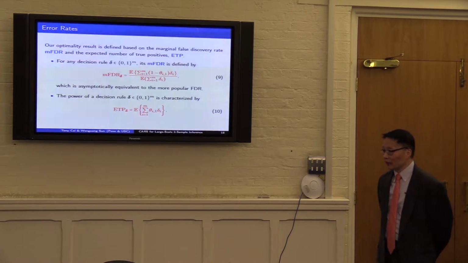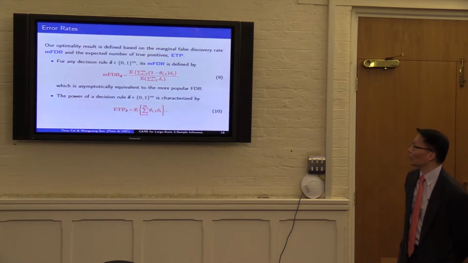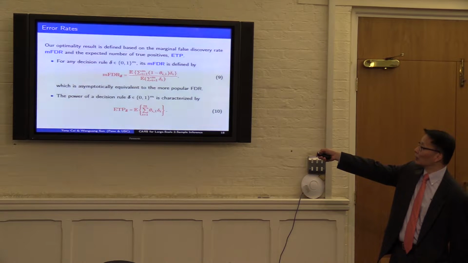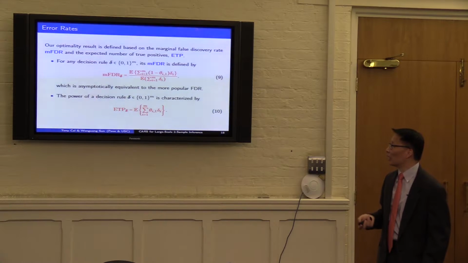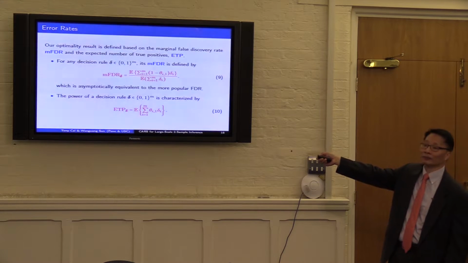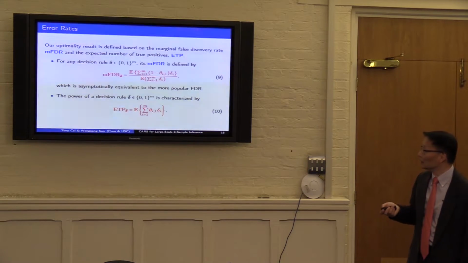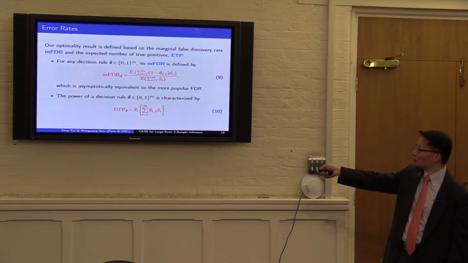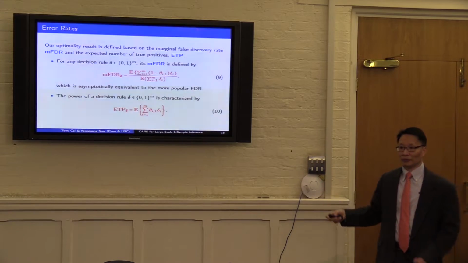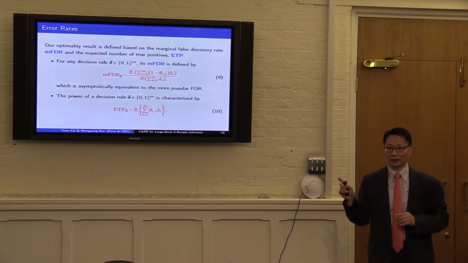And because we are dealing with multiple testing, I want to introduce the criteria. One is we are going to try to control the marginal FDR. And marginal FDR asymptotically is equivalent to the more conventional FDR. Because here we take the expectation, then take the ratio, instead of taking the ratio, then taking the expectation. And the power of a procedure is going to be measured by the expected true positives. So if you have the same level of FDR, you want to reject as many as you can.